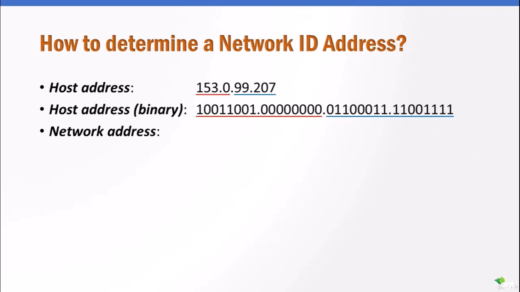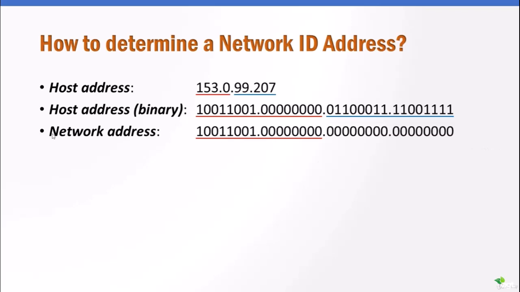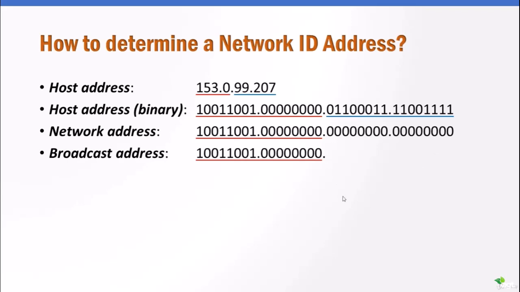So to determine our network address, we're going to just copy the network portion, and into the host portion, we're going to put all zeros. So this is our network address. It's actually going to be 153.0.0.0. How do we determine the broadcast address? We're going to copy the network portion, and we're going to use ones instead of zeros in our host portion.